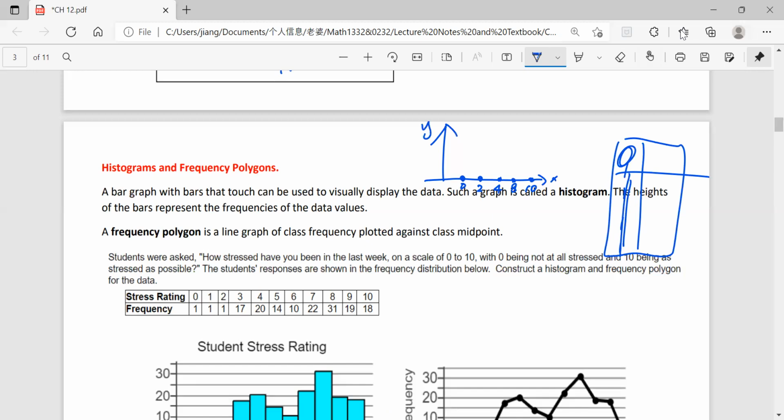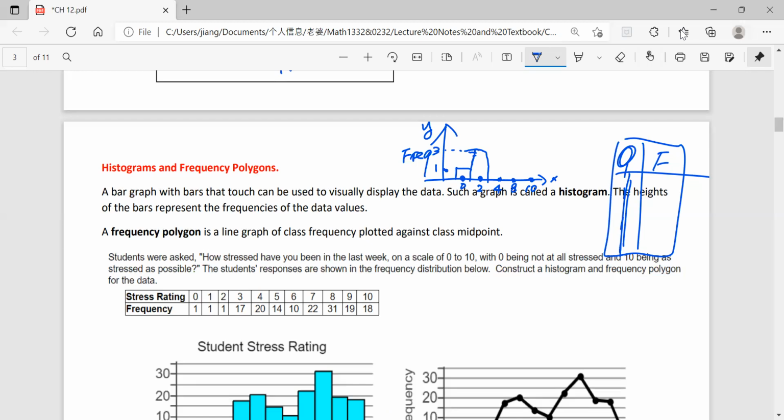And then the y-axis represents the frequency. Maybe one student said, I don't study, so my bar has a y value of 1, because one student said they don't study at all. Maybe 3 students said they studied 2 hours, so the frequency on the y-axis is 3.